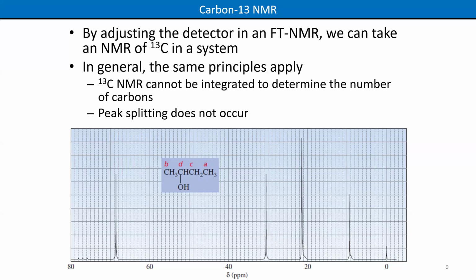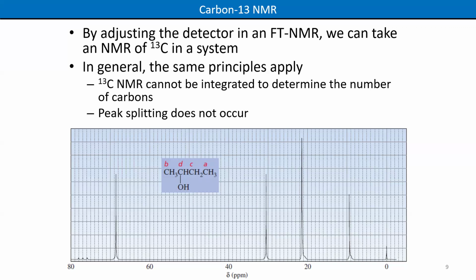All right, so with these in mind, if we have all sp3 carbons and we're trying to determine where they're going to show up, just like before, we're going to have a standard range where we expect to find things. Methyls tend to be the most shielded, so closest to 0. And anything that's directly attached to an electronegative element is going to be more deshielded, so further to the left.